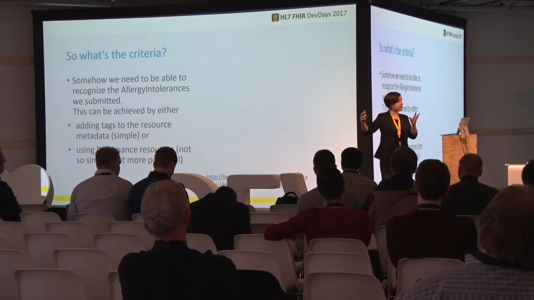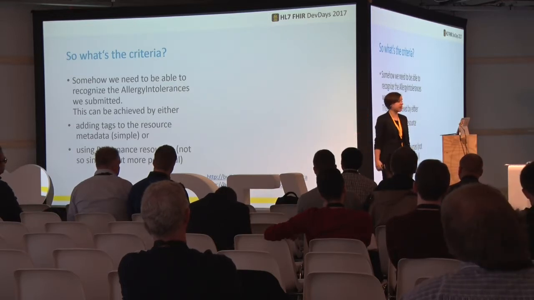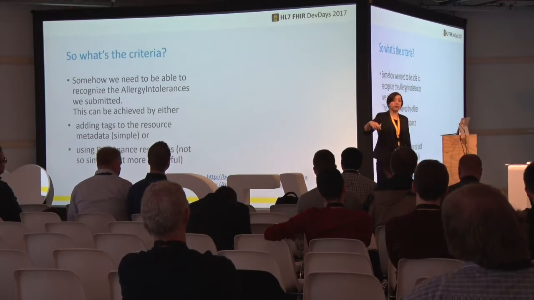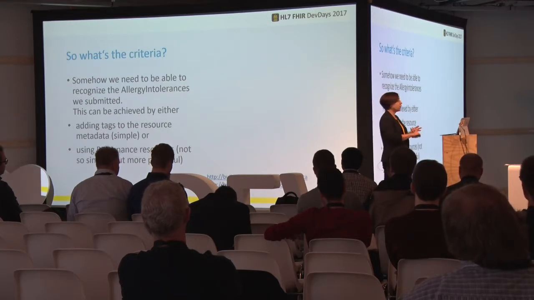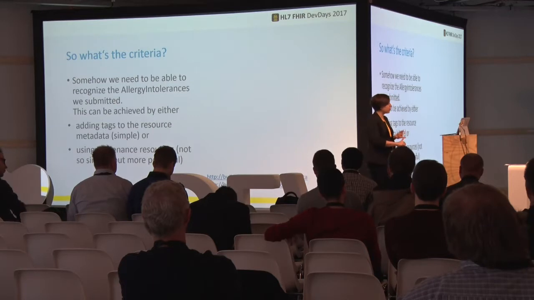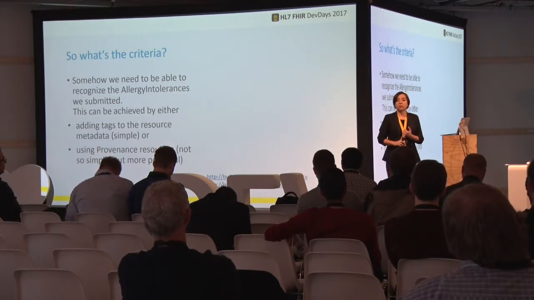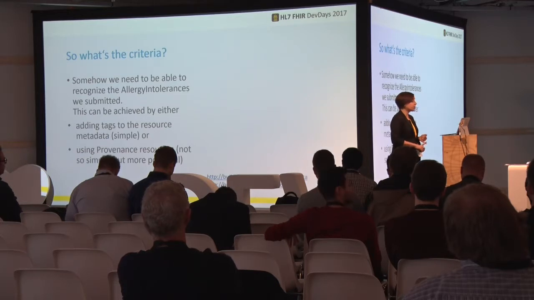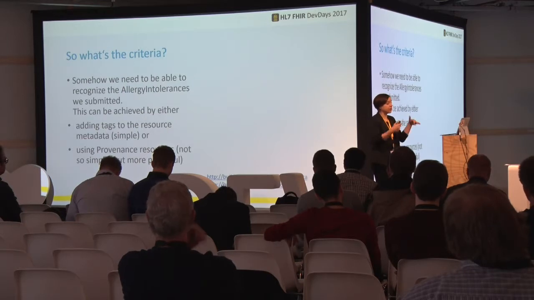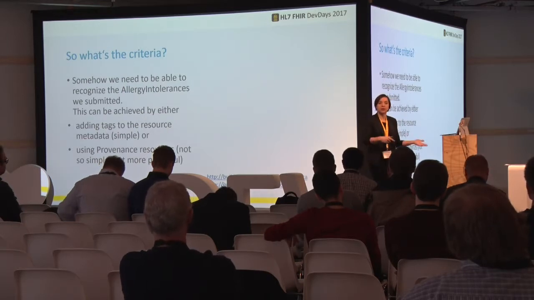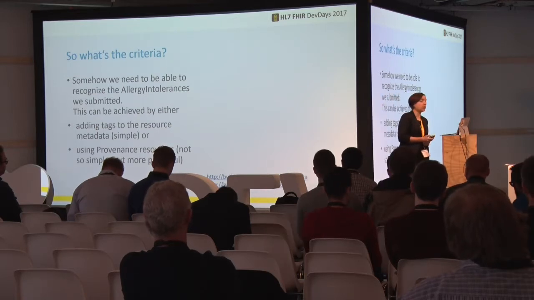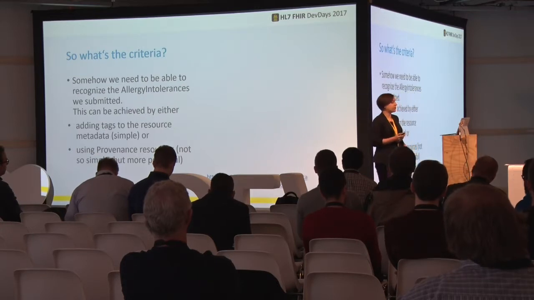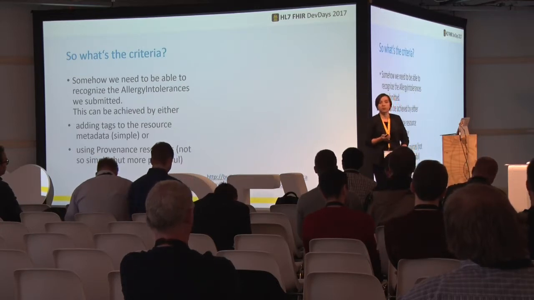So whenever we create a transaction bundle, we add a provenance resource that references all the other resources, and in the provenance resource itself, it's stated where this information came from, maybe what the name of the integration engine is, what the name of the original source system was, what the original ID of the incoming message was, and we may even place the original version 2 message into the body of the provenance resource, so we can really trace back where our information came from. And in this case, that would help us also later on to detect which of these allergy intolerances on the server came from our V2 data stream.